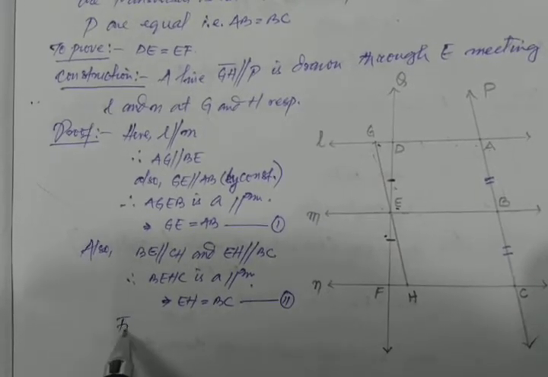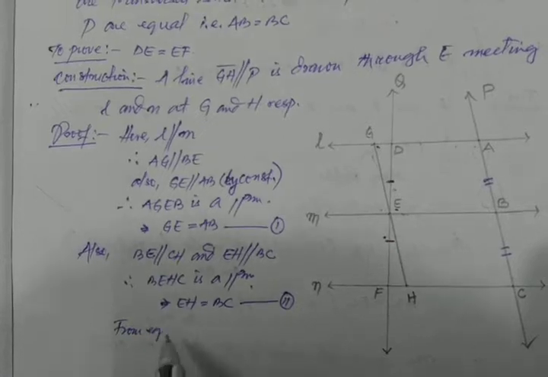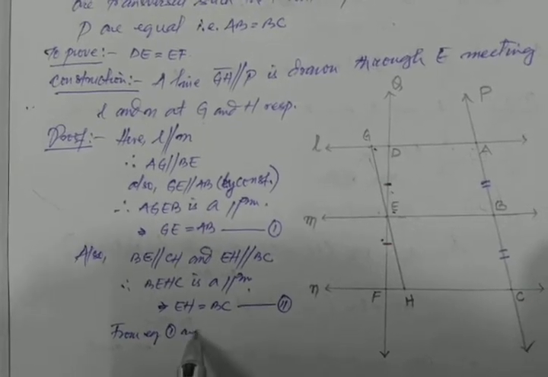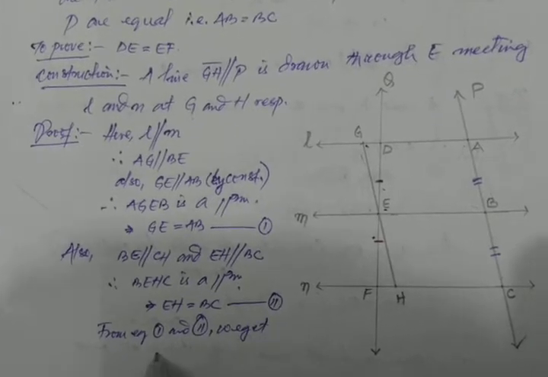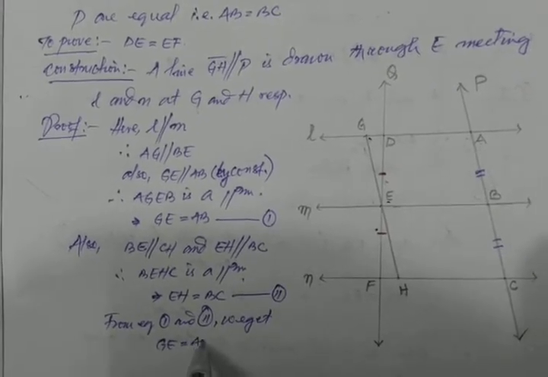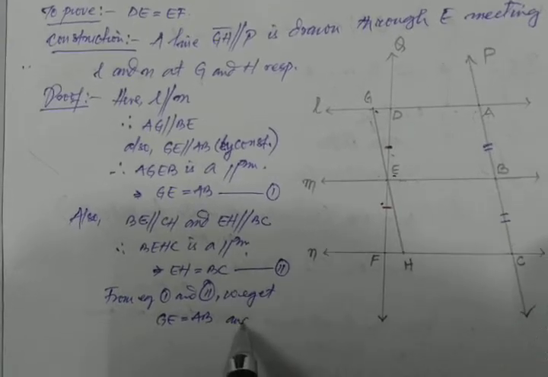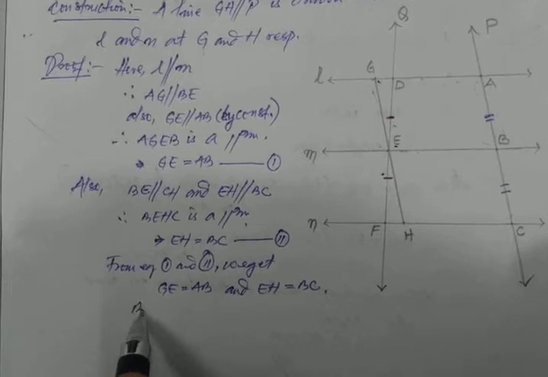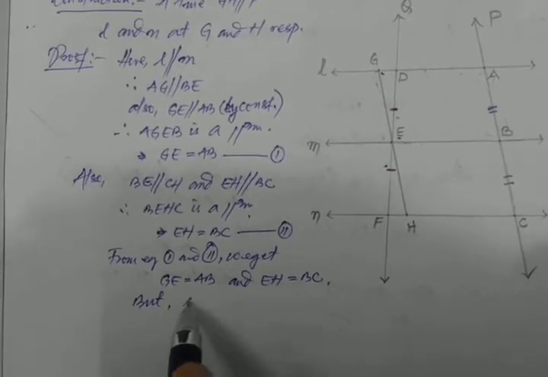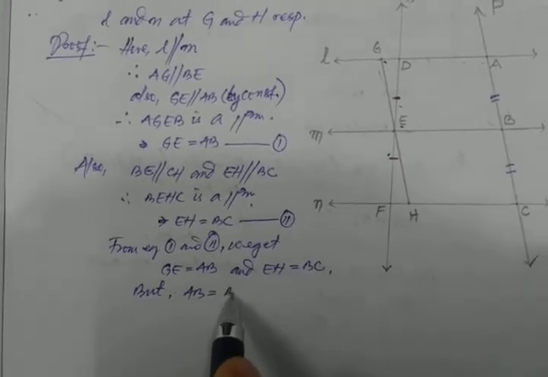Now, from equation 1 and 2, let us write what we have both together. GE equal to AB is what we have in equation 1, and EH equal to BC. But according to the given, AB is equal to BC.